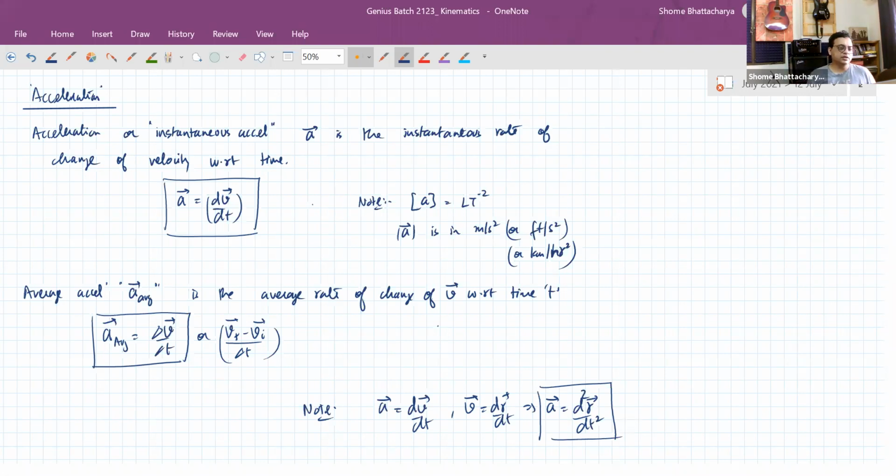Okay, so these are the quantities which are most important in kinematics. There are other quantities like distance, speed and trajectory, and we'll come to that. But primarily in solving kinematics, the most important parameters are displacement, velocity, and acceleration. Position also, of course, but position is used to describe the displacement only.